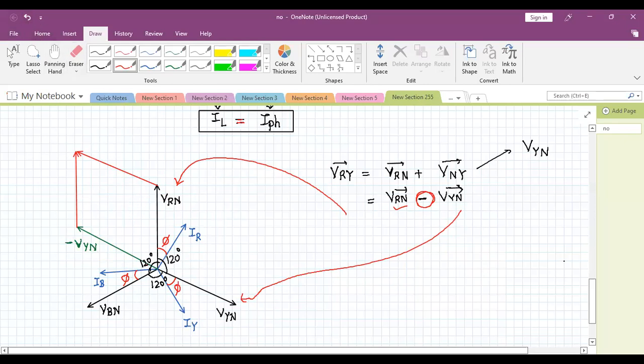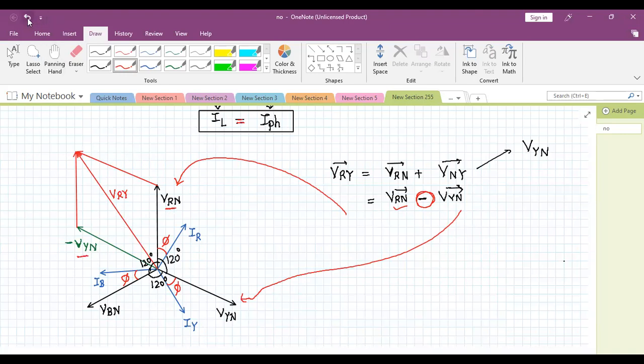Okay, now I will find out the resultant of this. To find the resultant, what will I do? I will draw one line like this. So what is this third line? It is my VRY, yes or no? Because what is VRY? VRY is the phasor addition of VRN and minus VYN.